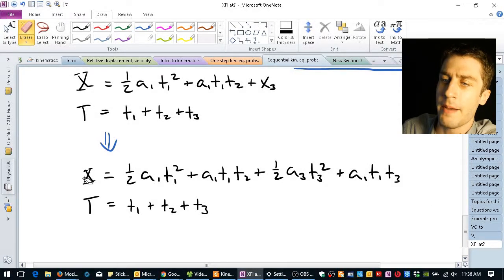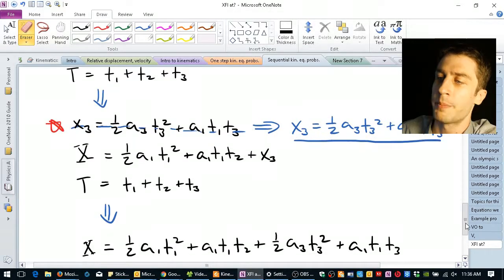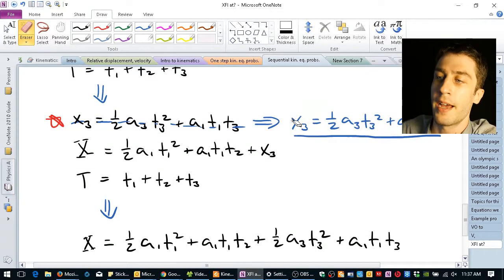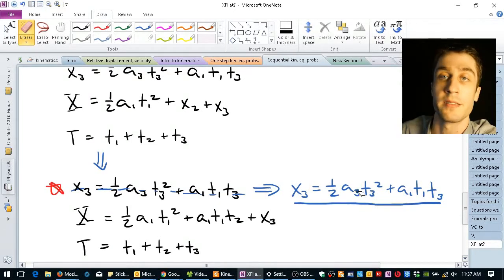We have now capital X and capital T in terms only of known constants, and if you look back here, in principle, lowercase x3 could be written in terms of capital X and capital T and some constants. So what you would do if the problem statement asked you to solve for x3 as well would be to plug these expressions back in wherever you see capital X or capital T in your x3 expression.